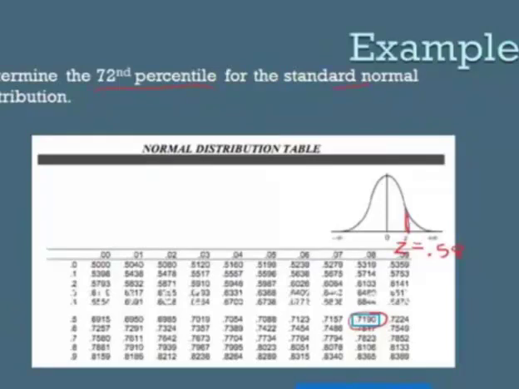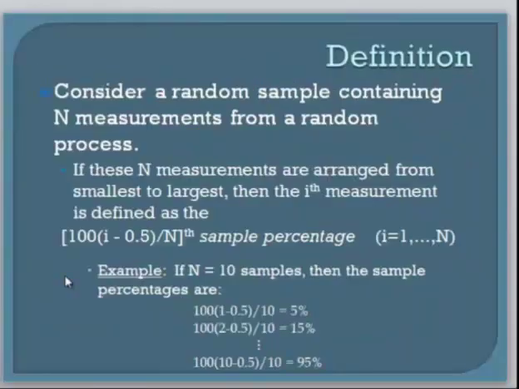Now don't worry. We're going to pursue this, and it's going to make more sense as we get a little further along. So, consider a random sample. We've got n measurements, let's say 100, from a random process. If we arrange them from the smallest to the largest, then the ith measurement is going to be at 100 times (i minus 0.5) over n percent.